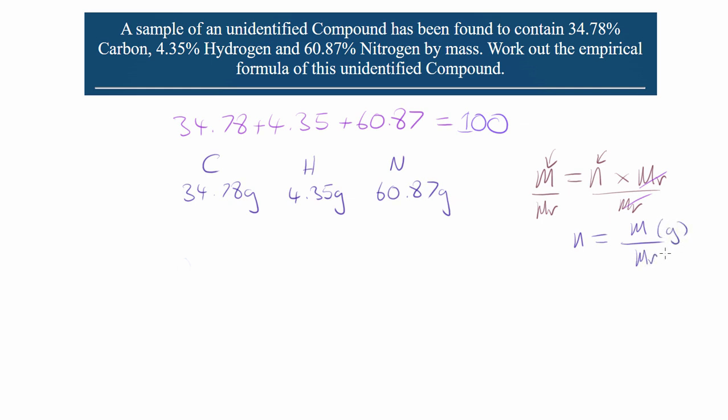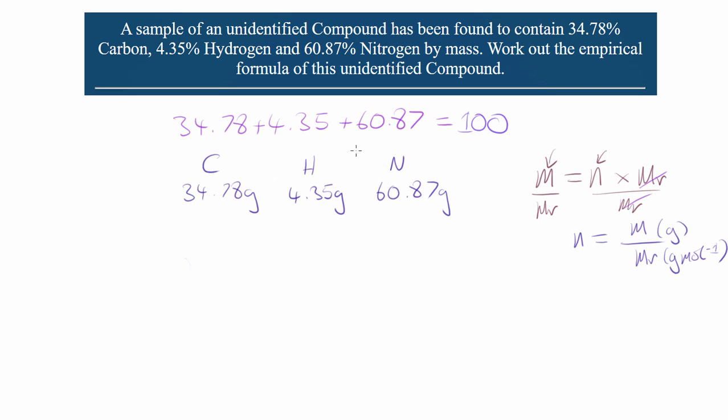That being in grams, this being in grams per mole, right? So as you can see, to get to the moles, we need to use the molar masses, and in this case it's the molar masses of carbon, hydrogen, and nitrogen.